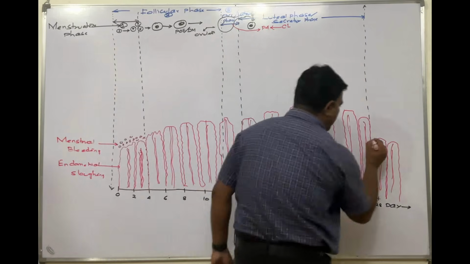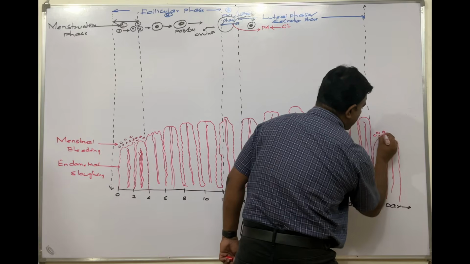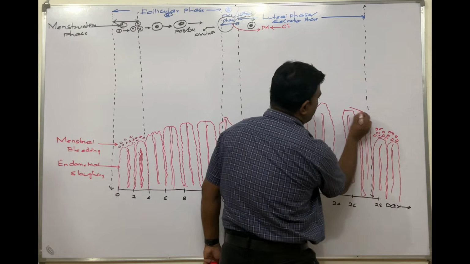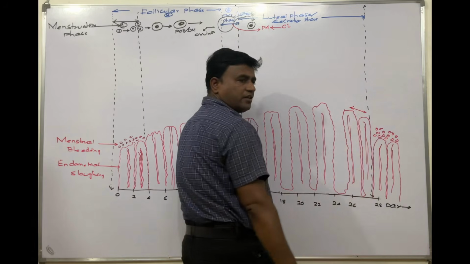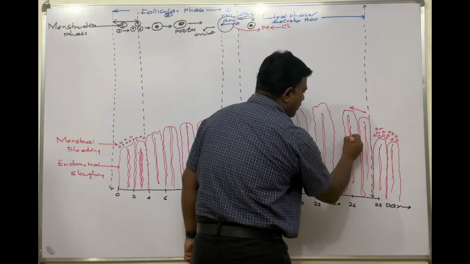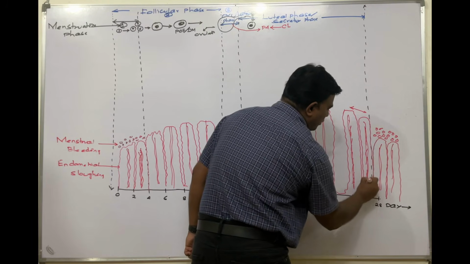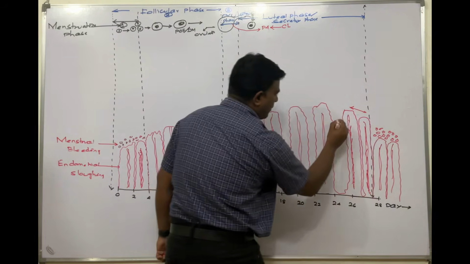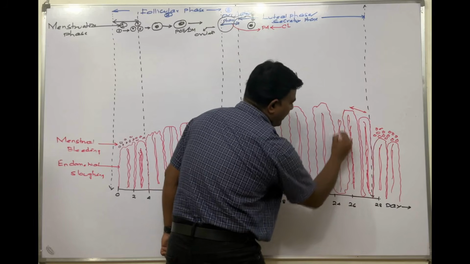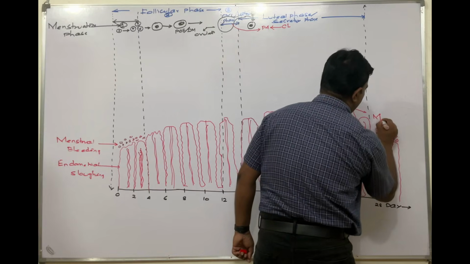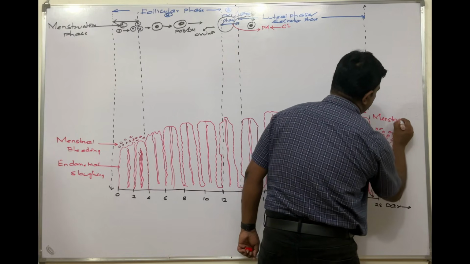But here, if you see, the menstrual sloughing has again begun. And here you can see the diminution in size. The thickness is decreasing. The glandular muscular growth is also restricted during this 24th to 28th day. From here, you can see the thickness falling. And this is the beginning of the next cycle of menstruation.